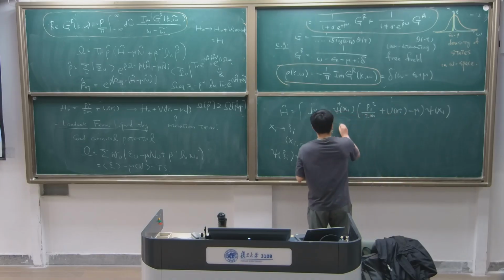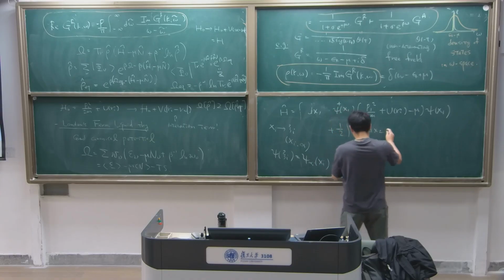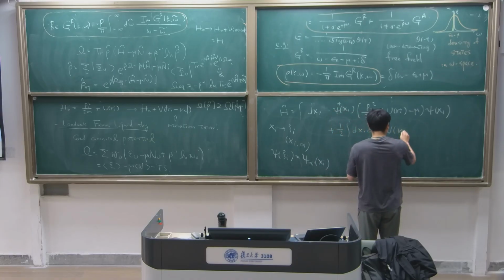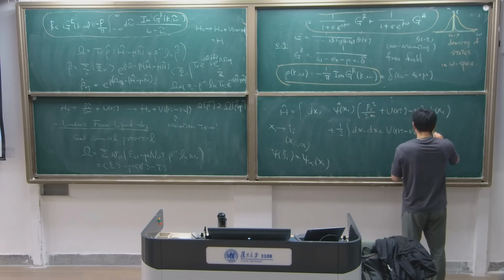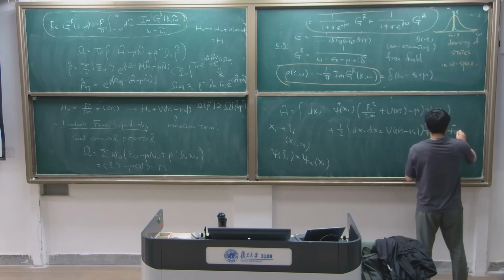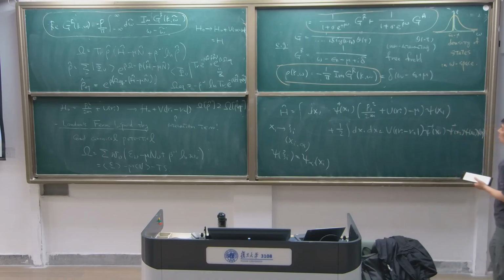And then the interaction term. So like this, this is the Hamiltonian we have.